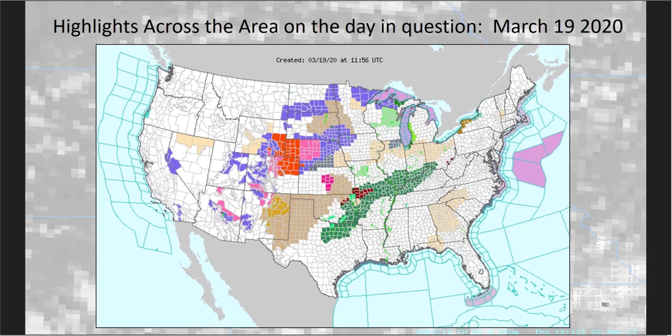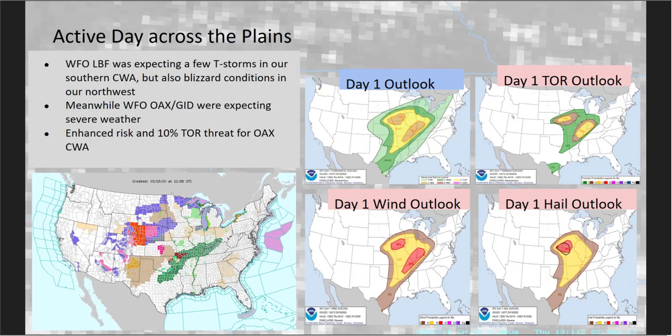So this particular day, again, March 19th of this year, you can see by the highlights map here, the headlines, we had blizzard warnings in the Panhandle of Nebraska. We had a winter storm watch across our Sandhills region, and then winter weather advisories for the most part further east, and you can see a lot of winter weather highlights here across the Rockies and the west.